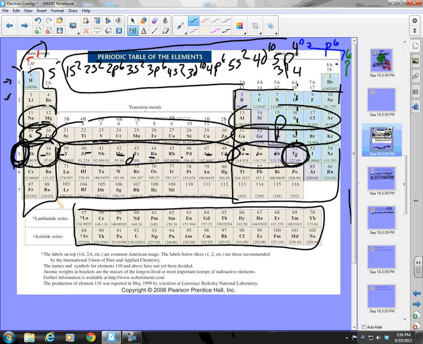So that is my tellurium. 1s2, 2s2, 2p6, 3s2, 3p6, 4s2, 3d10, 4p6, 5s2, 4d10, 5p4. Let's clean that up. 5p4. 1, 2, 3, 4. That's tellurium.